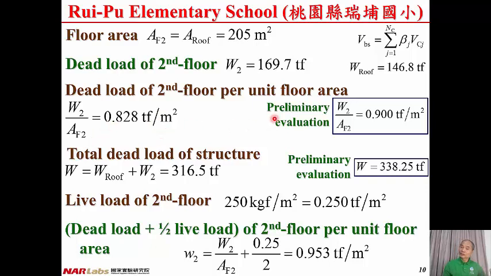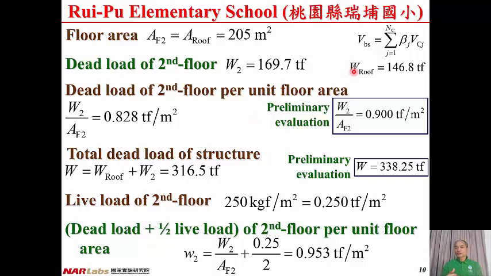And in preliminary evaluation, the unit dead load of the second floor equal to 0.9 ton force per meter square. Therefore, the preliminary evaluation is a little bit overestimate the dead load of the second floor.